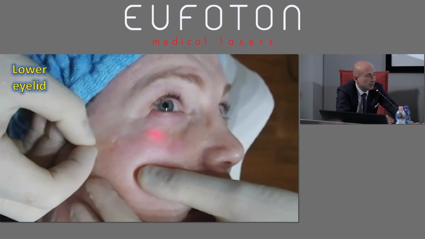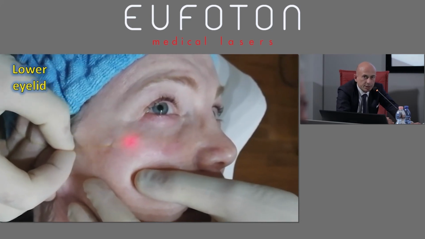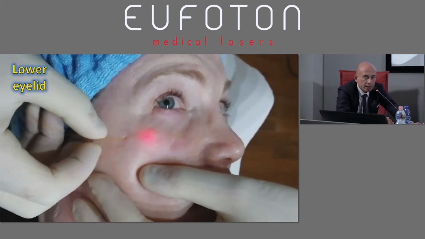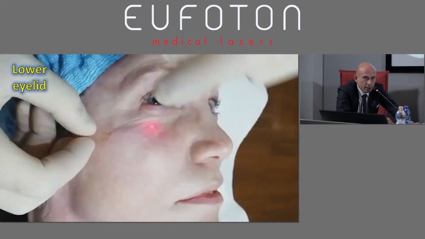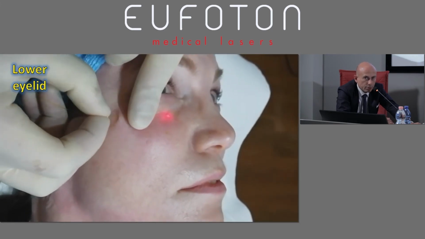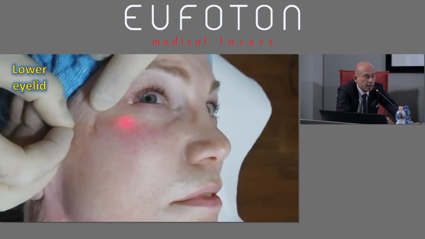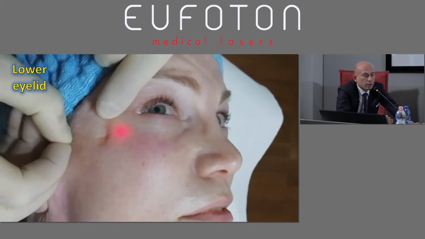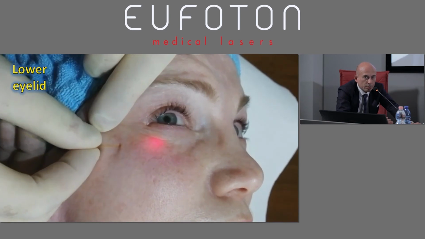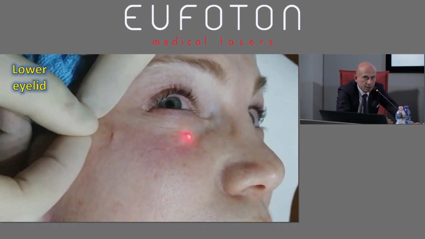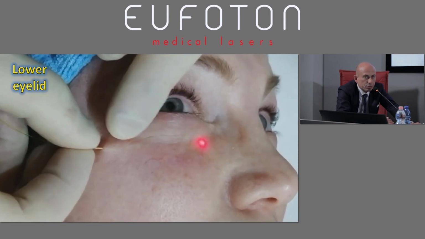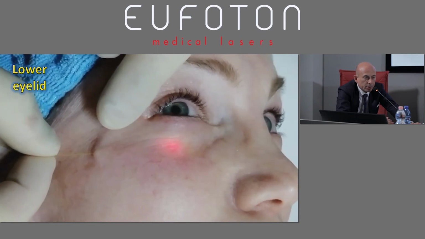In the specific case of the Endolift, without anesthesia it's impossible, because even with pulses under 100 milliseconds, the temperature goes up immediately. So outside the body, more than 100 degrees Celsius is to be avoided.